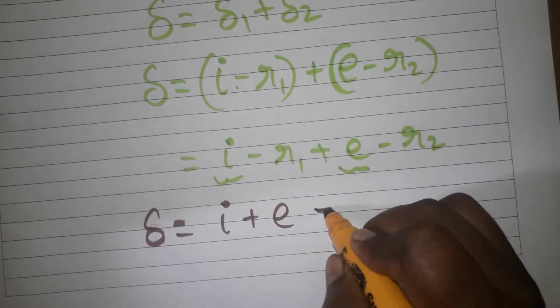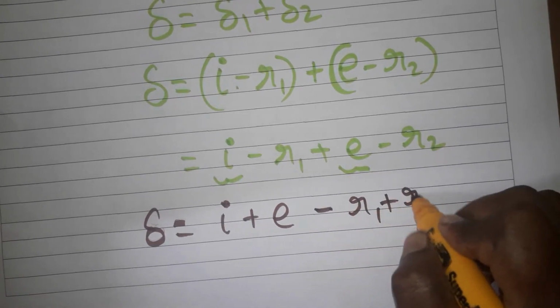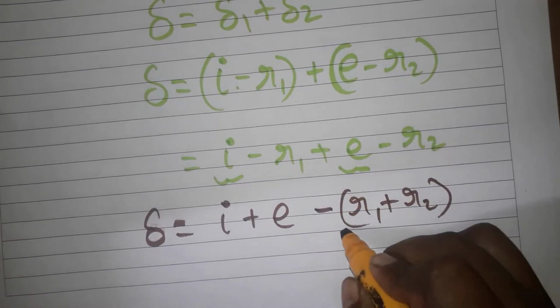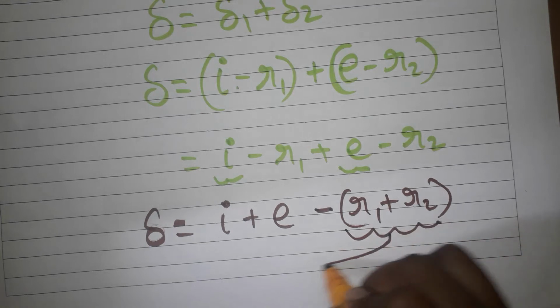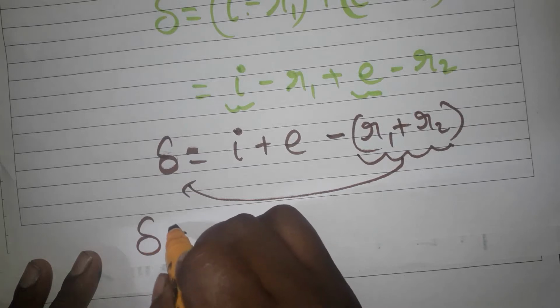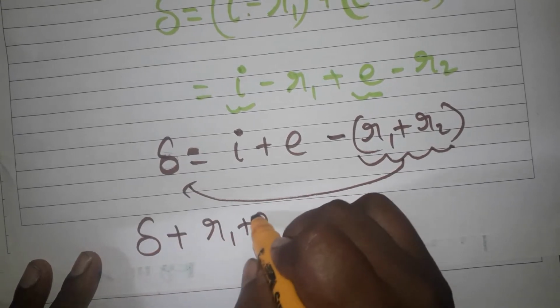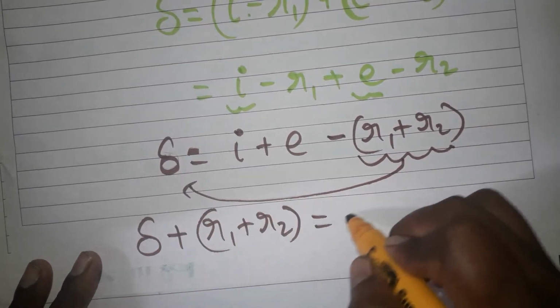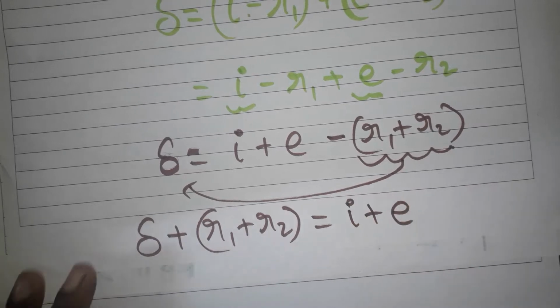Taking minus common outside, R1 plus R2 will be there. From the left hand side, I am bringing this to the right hand side. So total deviation plus R1 plus R2 is equal to I plus E, like this we have. Next, I am simplifying.